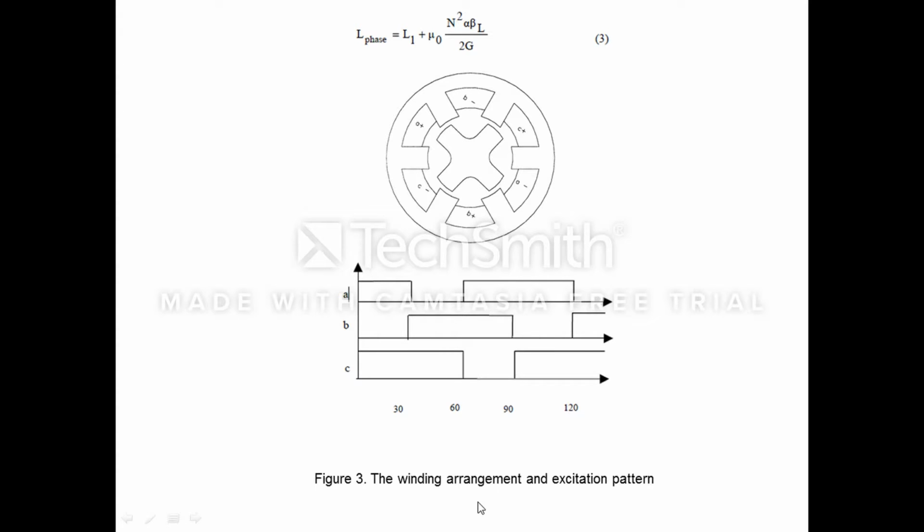The three-phase winding arrangement of the examined mutually coupled switched reluctance motor and its excitation pattern with unipolar current are illustrated in Fig. 3.